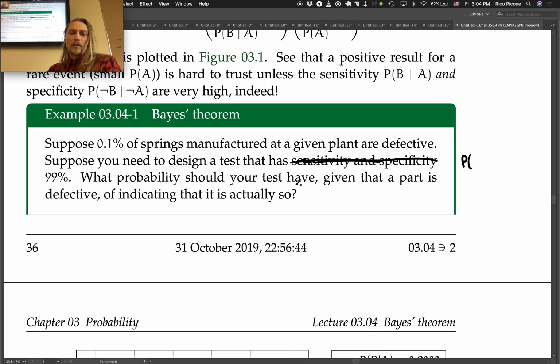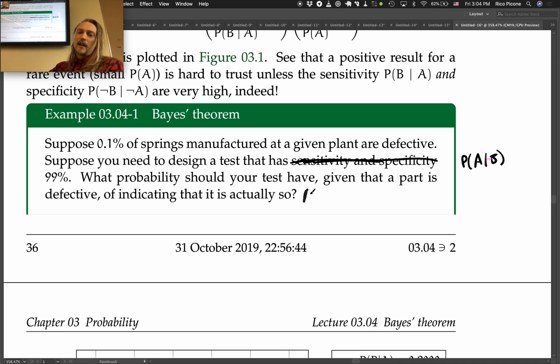So what this is, the probability of A given B, the posterior probability. It has posterior probability of A given B, and 99%. What probability should the test have given that a part is defective of indicating that it's actually so?